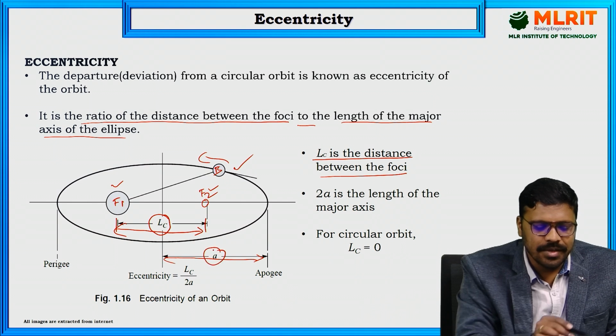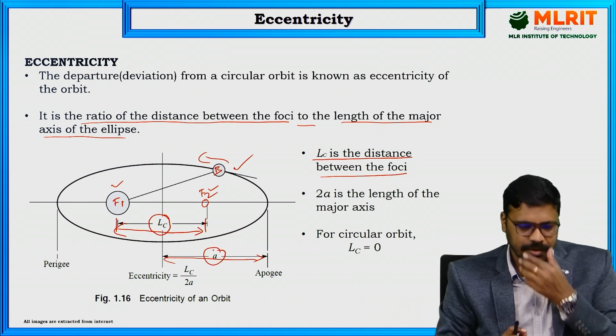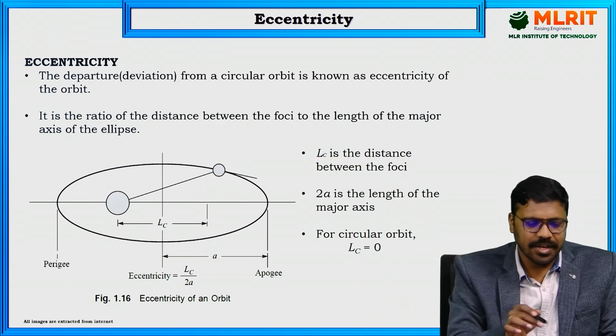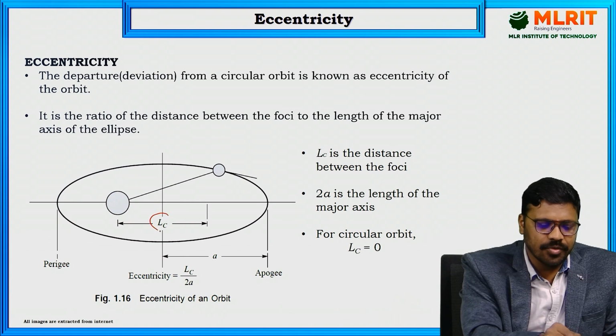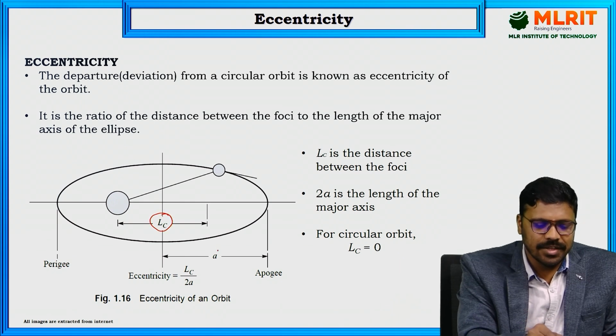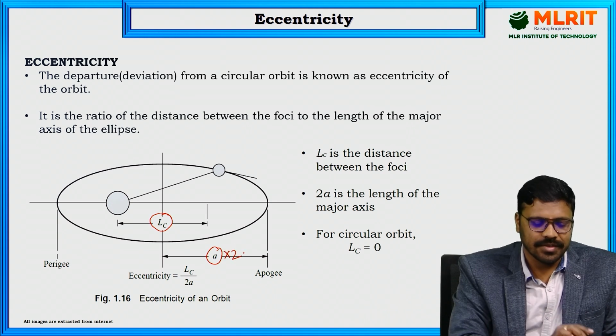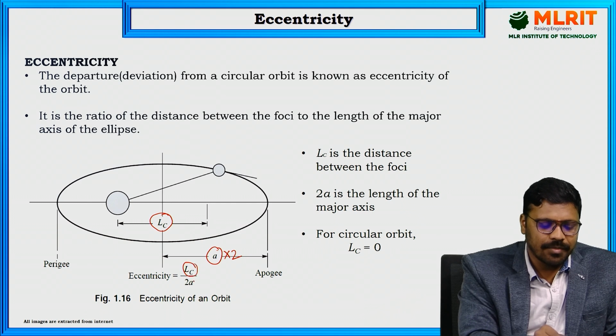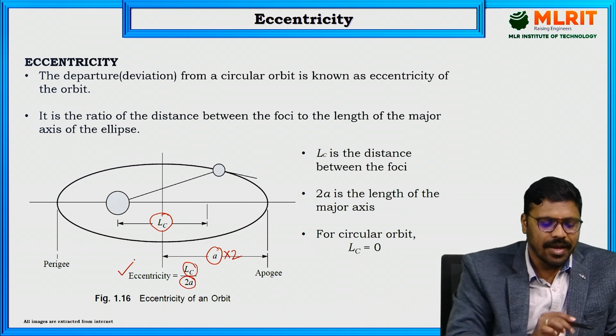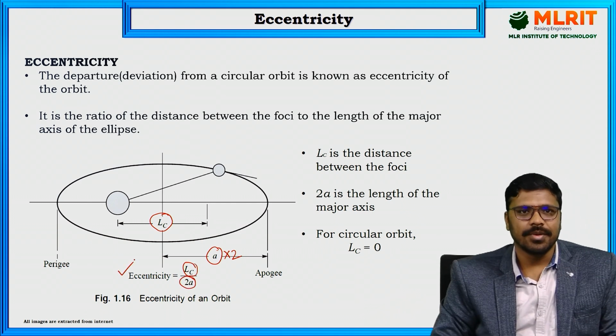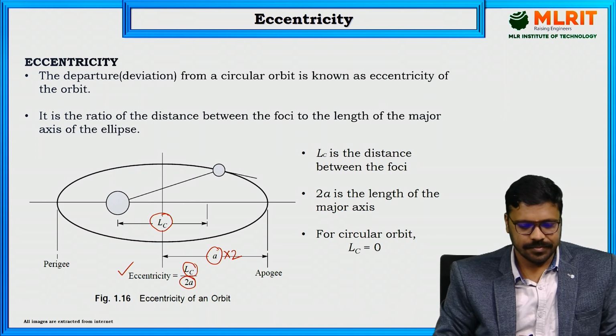So, A is the semi-major axis of the ellipse, and 2A will give you the major axis. So, LC divided by 2A is nothing but called eccentricity. LC by 2A is called eccentricity.